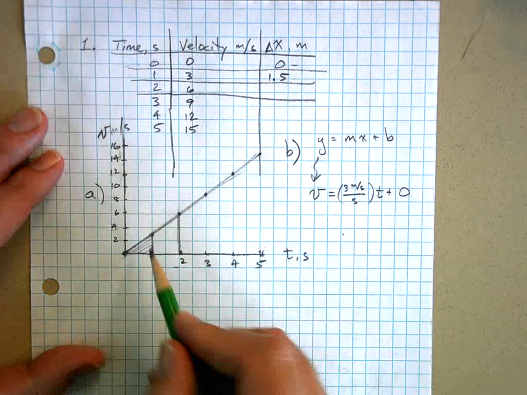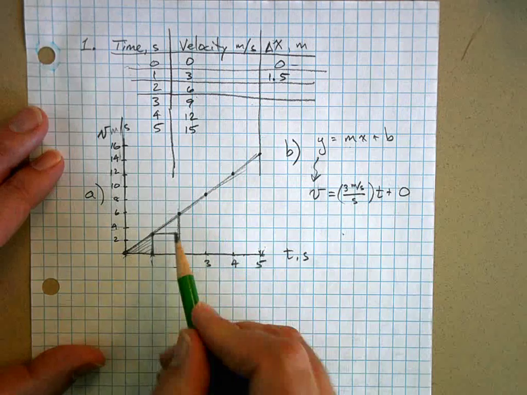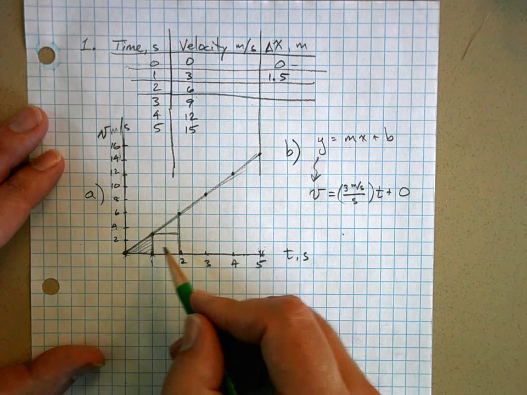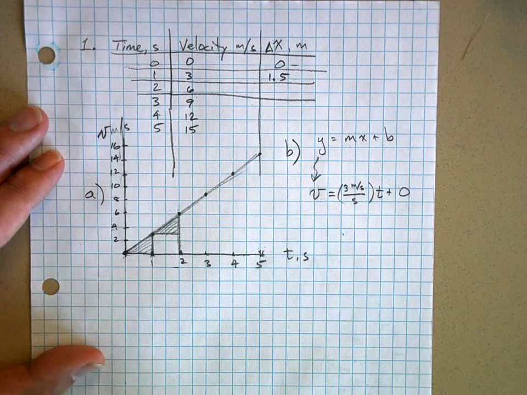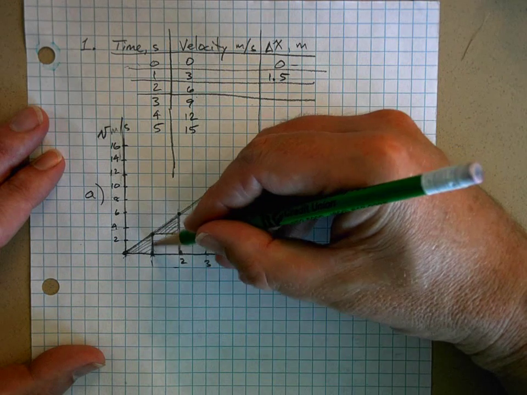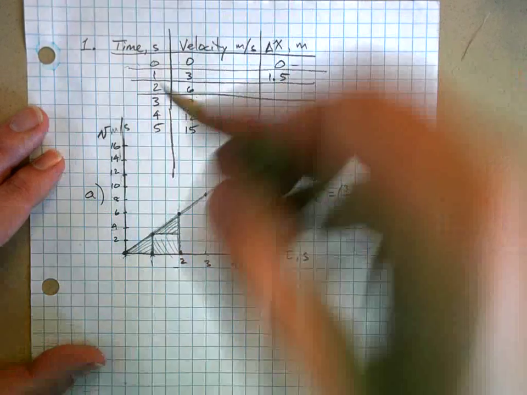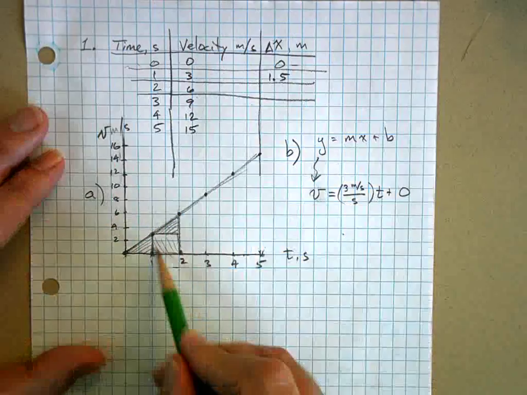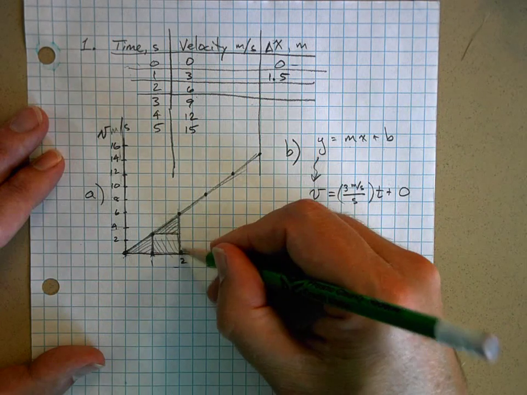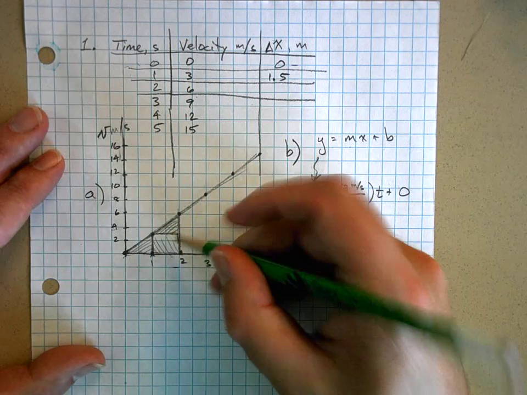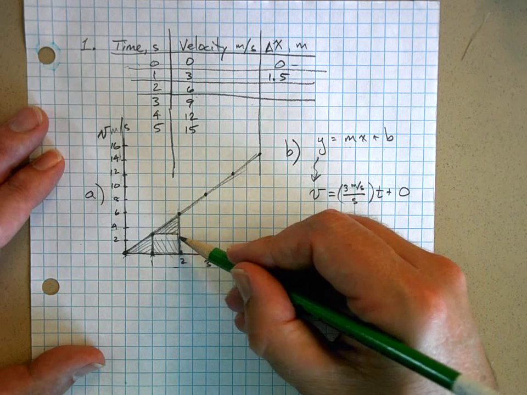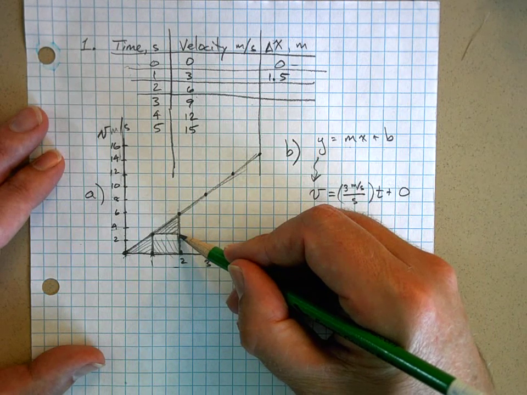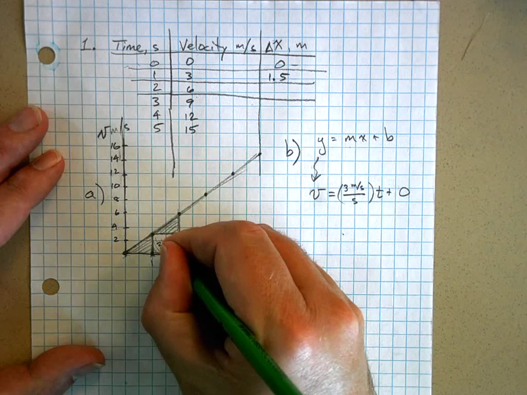So you might think, oh, okay, well, let's do the same thing. But now we have this little triangle like this, but we also have this rectangle. Well, what's the area of this little rectangle? Well, it's 1 times 3, right? It has a height of 3 meters per second. So 1 second times 3 meters per second is 3. So this is 3 meters right here.